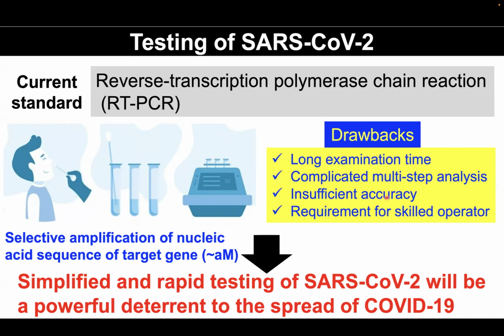If the testing is largely simplified and shortened, it will be a powerful deterrent to the spread of COVID-19, as well as a future emerging and re-emerging infectious disease that's expected to cause a new pandemic in the near future.